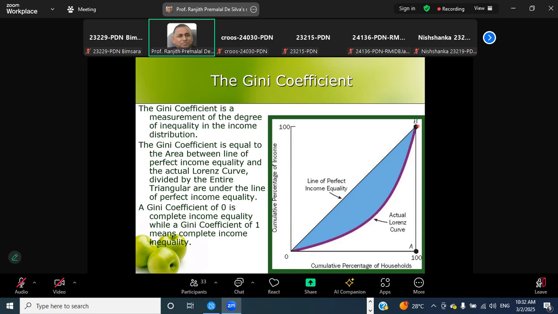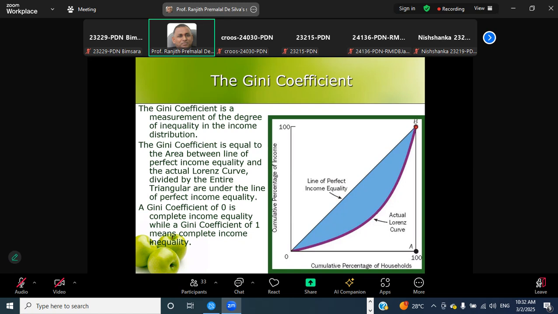Because if it is perfect inequality, it goes like this and then 100, so you get the entire 0AB triangle area covered. The same area divided by the total area is the same, multiplied by 100, you get 100. Otherwise, every time you get a value between 0 and 100.